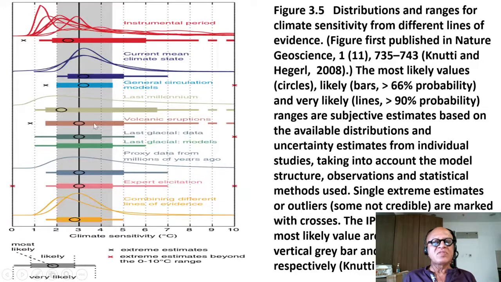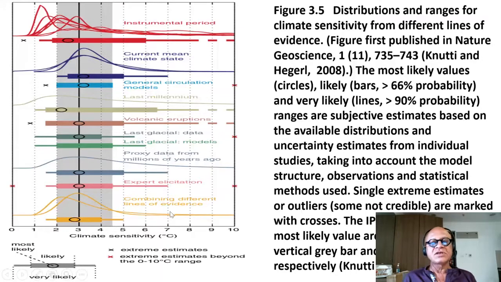Last millennium, volcanic eruptions, we will look at a little bit more, as I said. Last glacial data, last glacial models. You can see models have a larger range. Proxy data from millions of years ago. Expert elicitation, so these are people estimating based on data and their interpretation of the perturbation and the responses to estimate climate sensitivity.